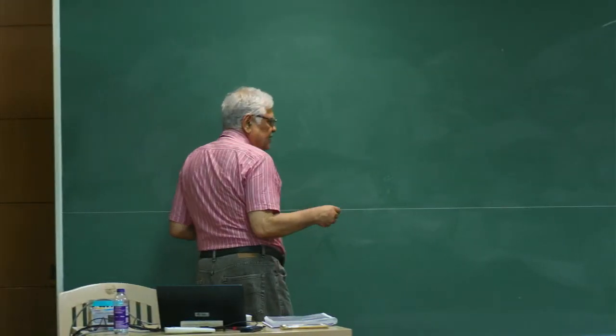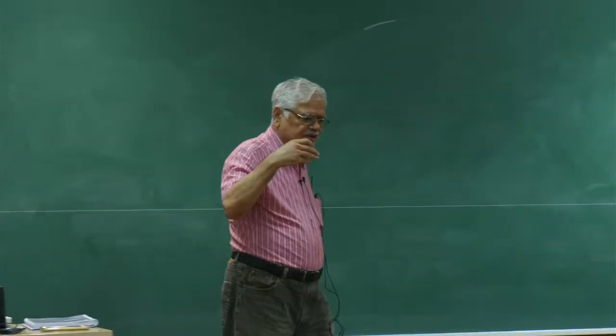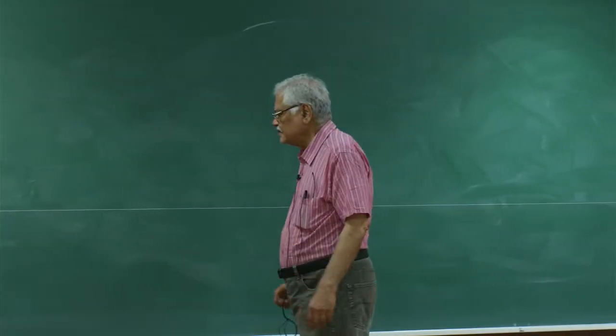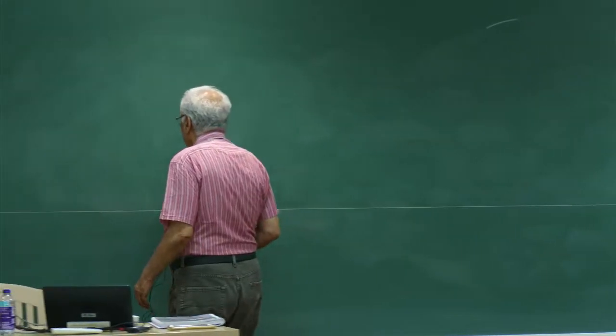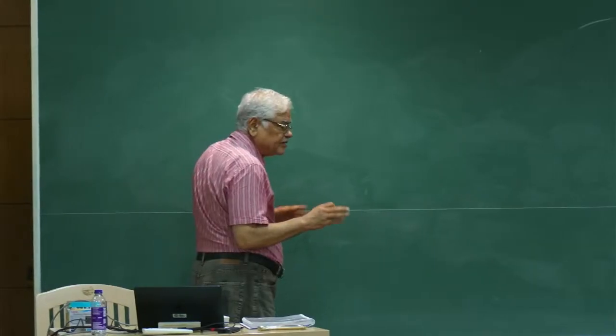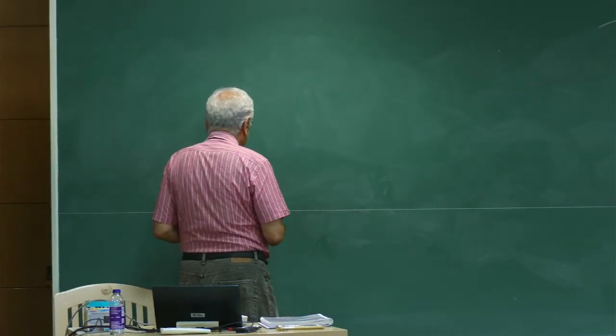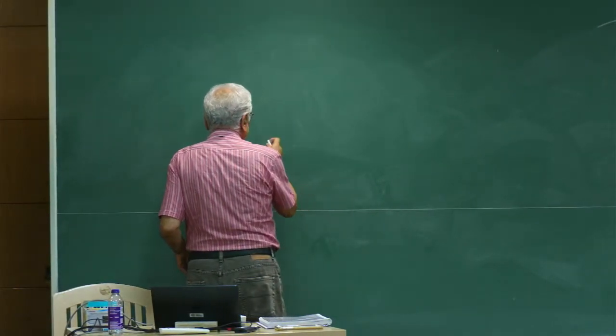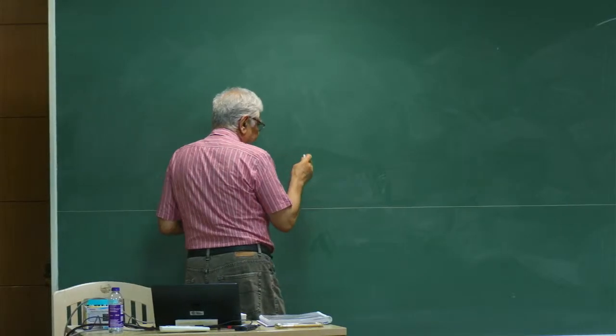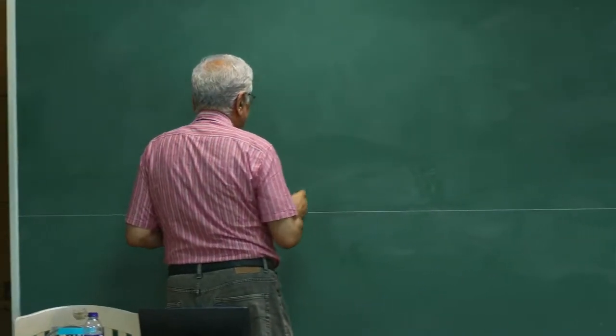Then that will give you the state of the system at a later time. So measurement is fundamental. Measurement is something you cannot avoid. Therefore, let us find out the basic characteristic of this classical measurement.